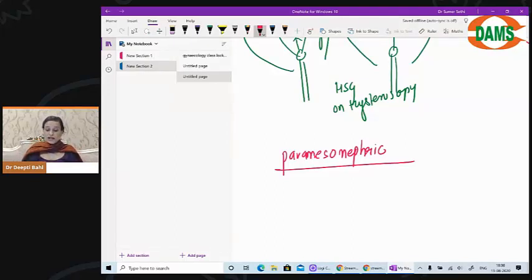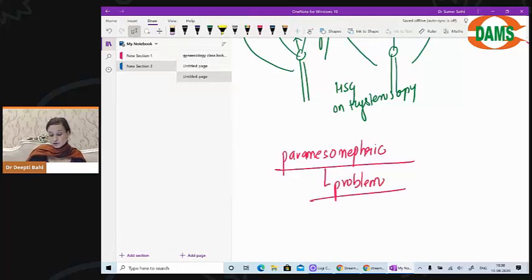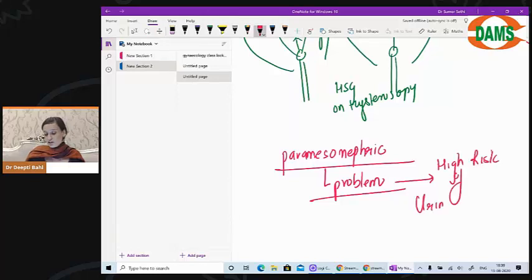So you have seen how mesonephros and paramesonephros are closely associated. So if there is a problem in the development of paramesonephric ducts, usually this patient will have a high risk of urinary tract anomalies. Very important.